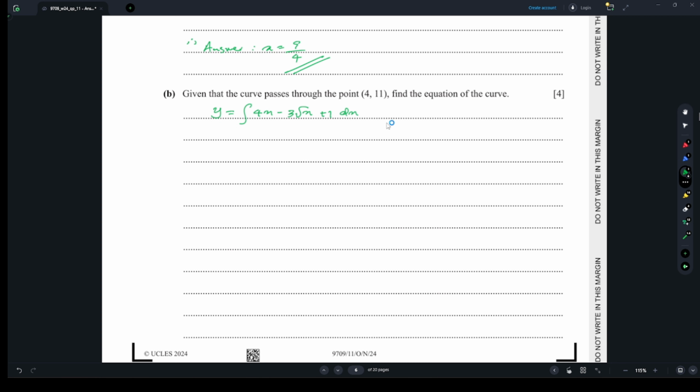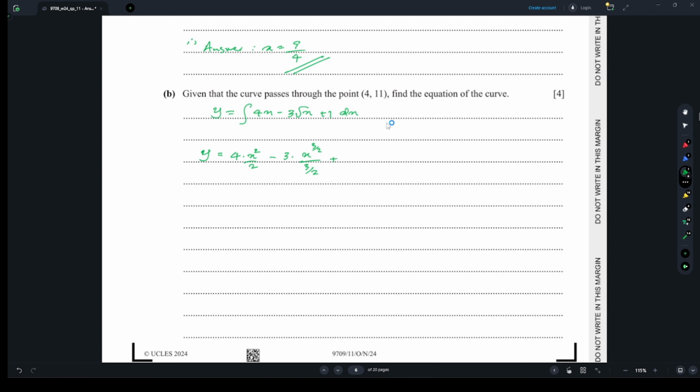Okay, so this is not a definite integral. So we can write here the integration of 4x is 2x squared, minus 3 is a constant, so we can keep it there. And then x root x means x to the power half, so half plus 1, 3 over 2, and we should divide by 3 over 2.